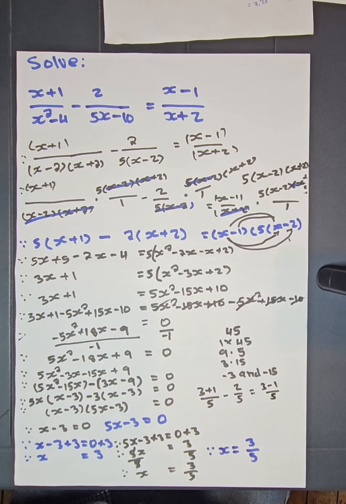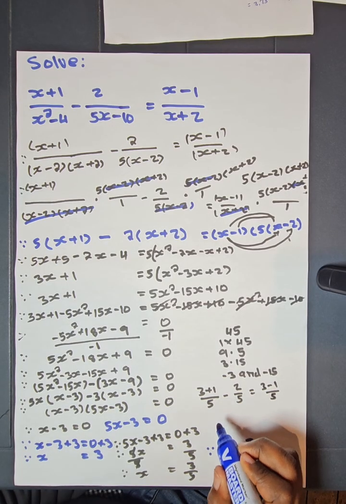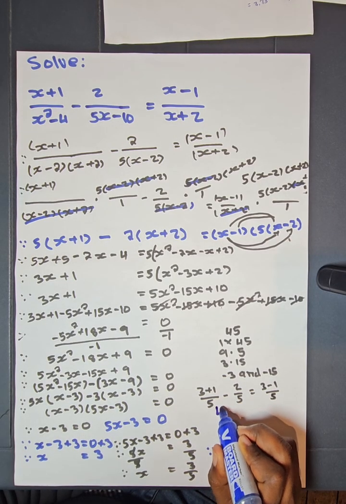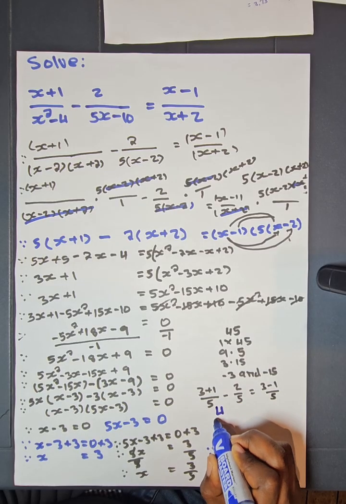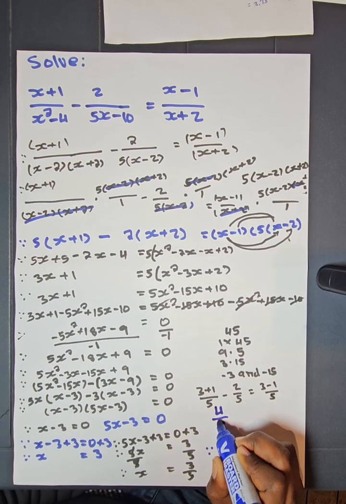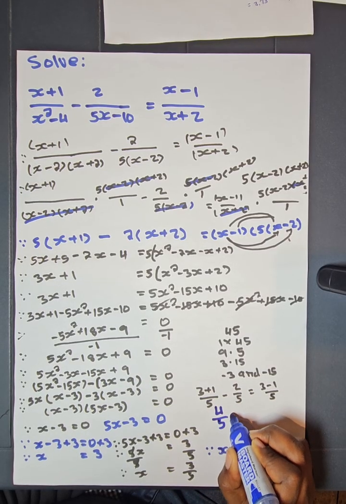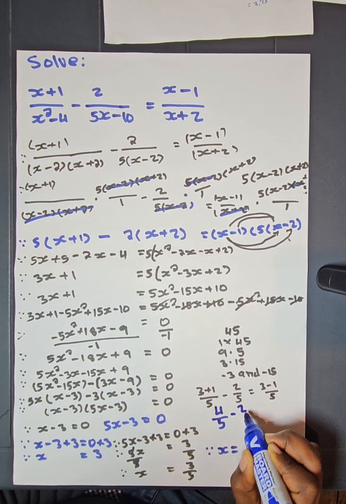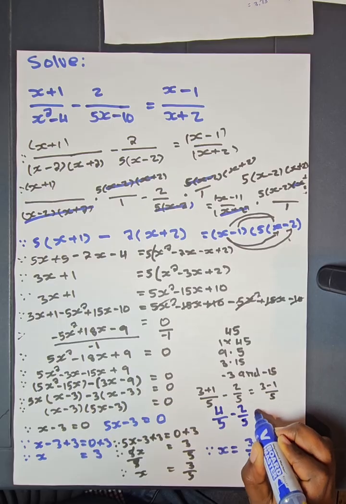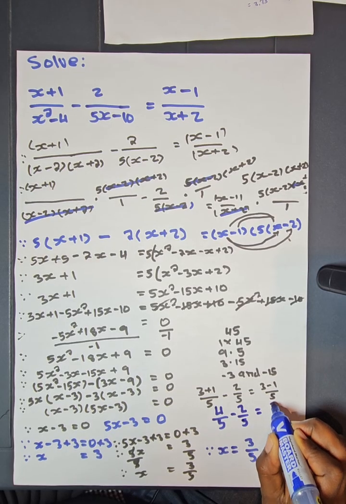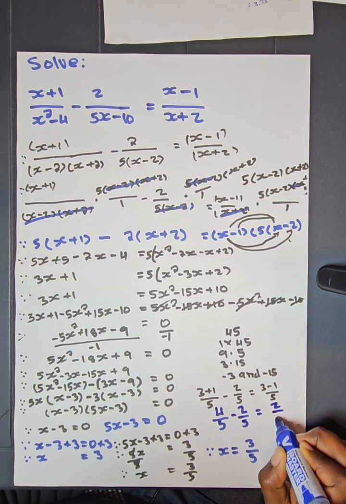Now, what we need is to take 3 plus 1 over 5 minus 2 over 5. It must be equal to 2 over 5.